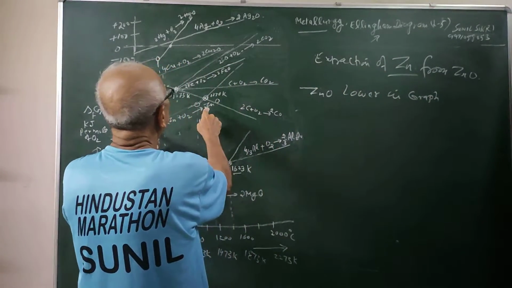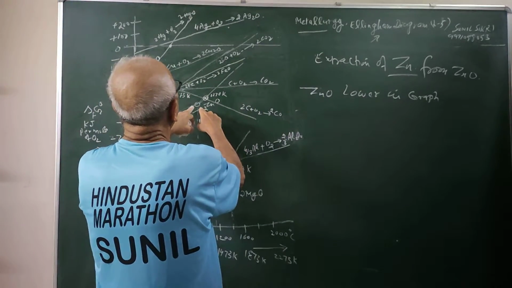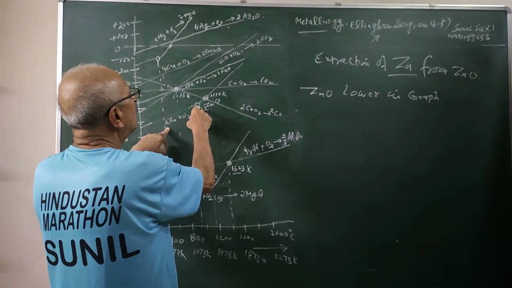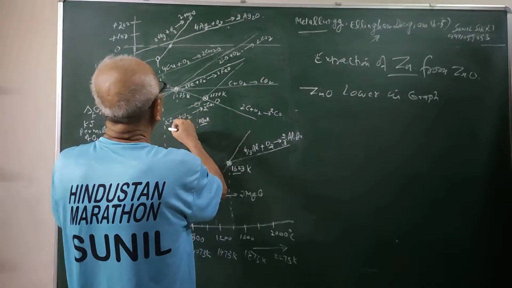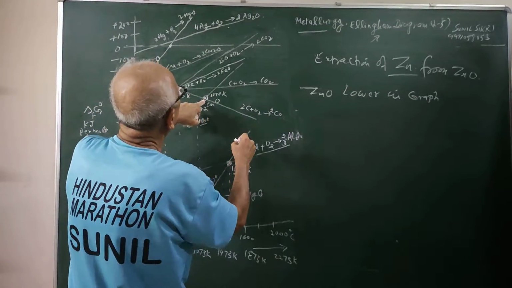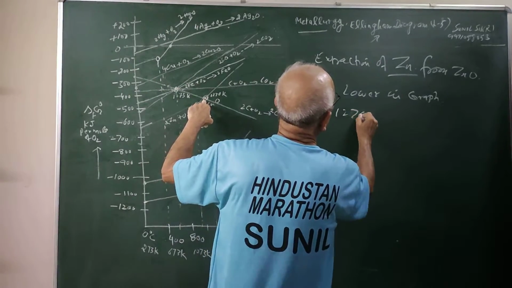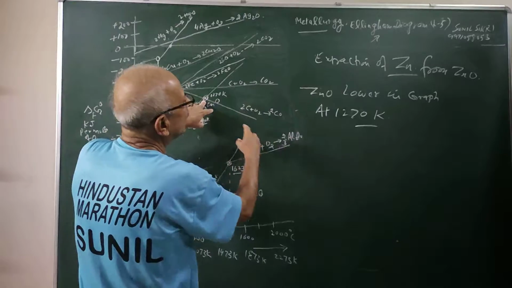And if I want to reduce zinc oxide, you can see that zinc has been converted from solid to liquid to gas at this point, 1180 K. And you can see the line of zinc which is cutting at 1270 K. You can see that carbon is lower than zinc.